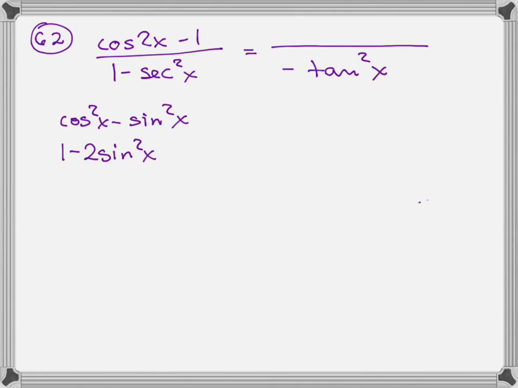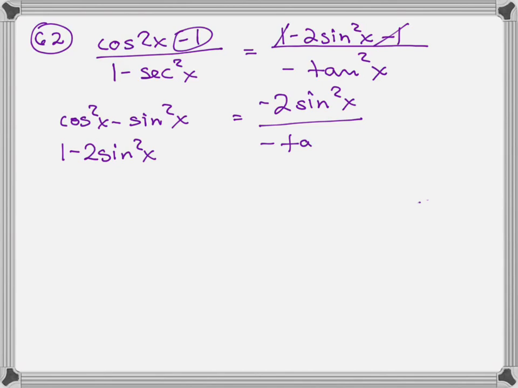We have 1 minus 2 sine squared x minus 1 from this one right here. So you can see that I cancel out the ones, which leaves me with negative 2 sine squared of x over negative tangent squared of x.